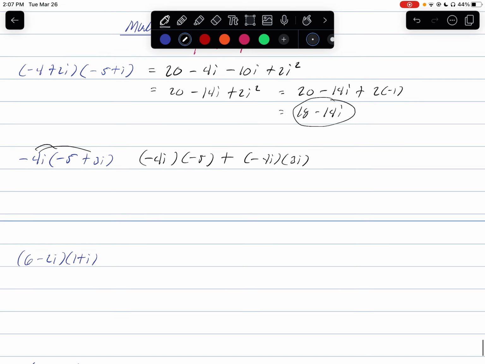Now let's simplify this. -4i times -5 is going to give us positive 20i. And then -4i times 3, that's going to give us minus 12i squared. Okay, but that i squared becomes a -1.